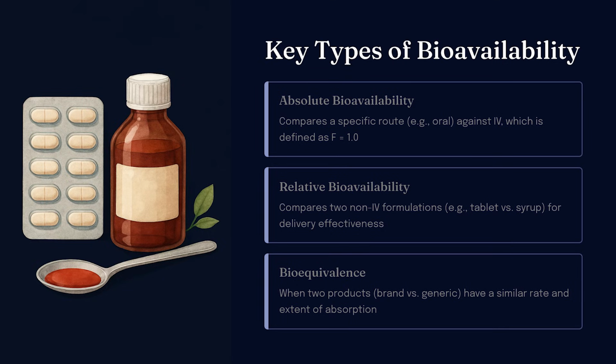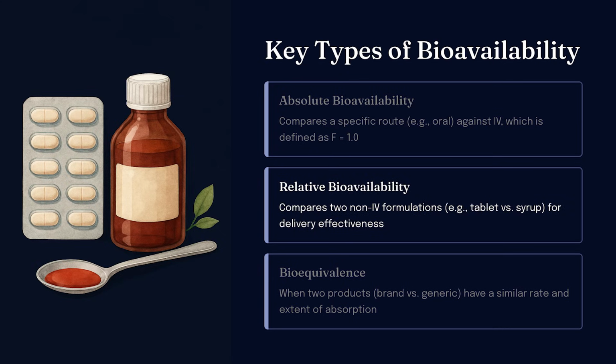Key types of bioavailability. There are three key types of bioavailability that we need to distinguish. First, absolute bioavailability compares a drug given by a specific route, such as oral administration, with the IV route, which is taken as the reference with F equal to 1.0.